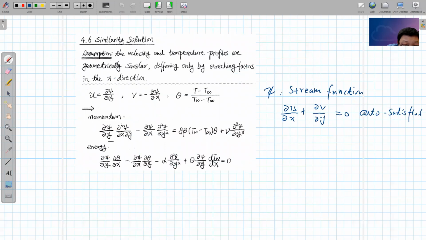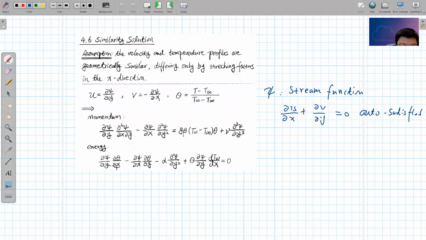The momentum equation becomes like this: all the u, v terms are changed to stream function terms, and this term comes from the theta value, because originally it is T minus T infinity, and now we add theta times T wall minus T infinity.